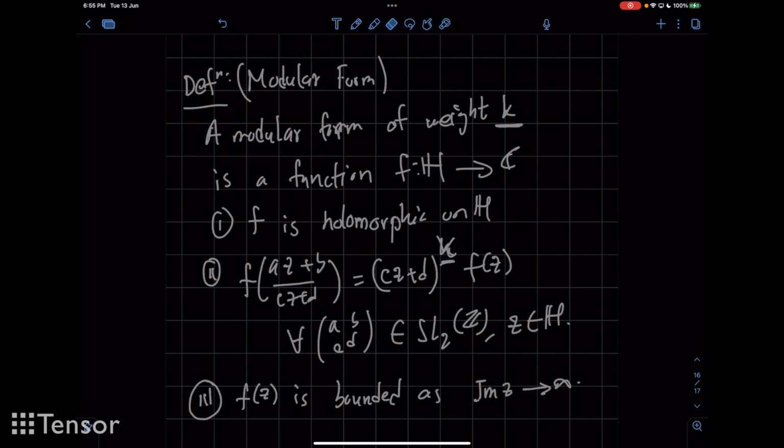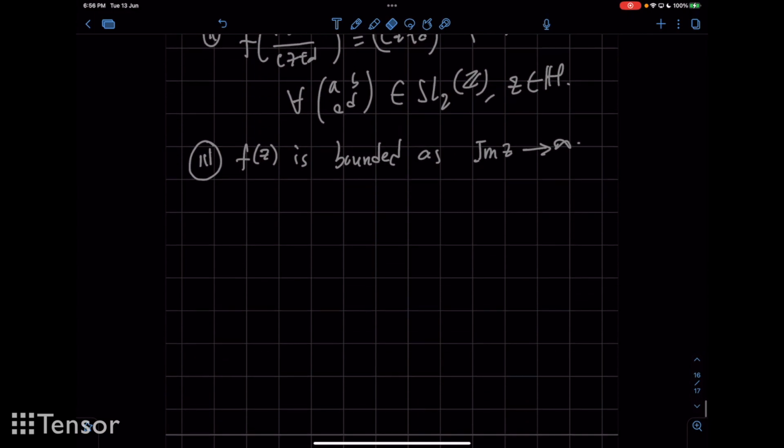Why is it called a form? It's just a function. Oh, that's a very interesting question, because modular forms give rise to a differential form that is invariant under the action of SL2Z. For instance, if I have this differential form, it is invariant under the action of SL2Z.